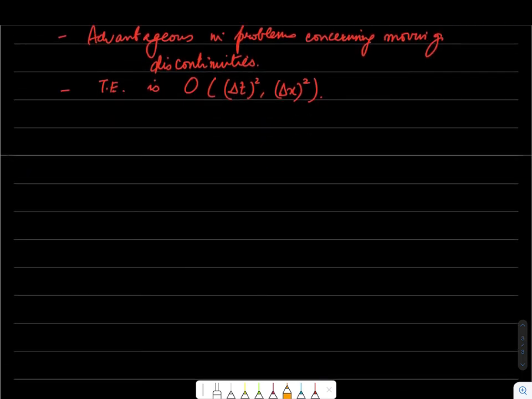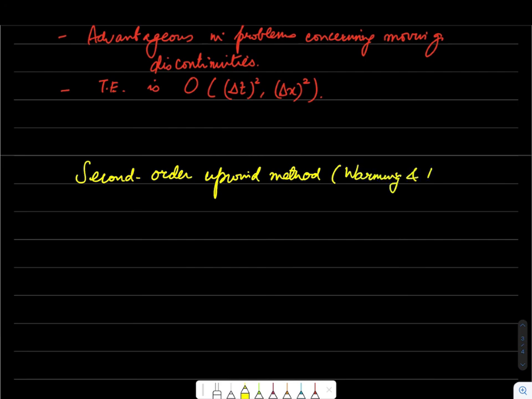The third scheme that I would like to introduce is a higher order upwind scheme. So this is a second order upwind method which was proposed by Warming and Beam in 1975, and sometimes it's also known as the Warming and Beam method.